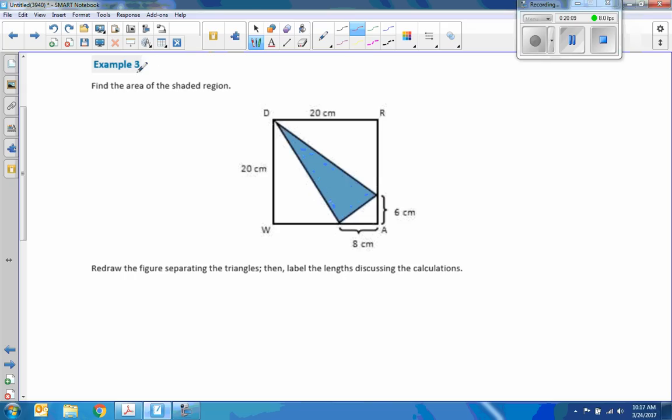Okay, here's example 3. It says find the area of the shaded region. All right, this one's a little bit different. I'm going to just draw this up. We have a triangle there. We have a triangle here. And we have a triangle down here.